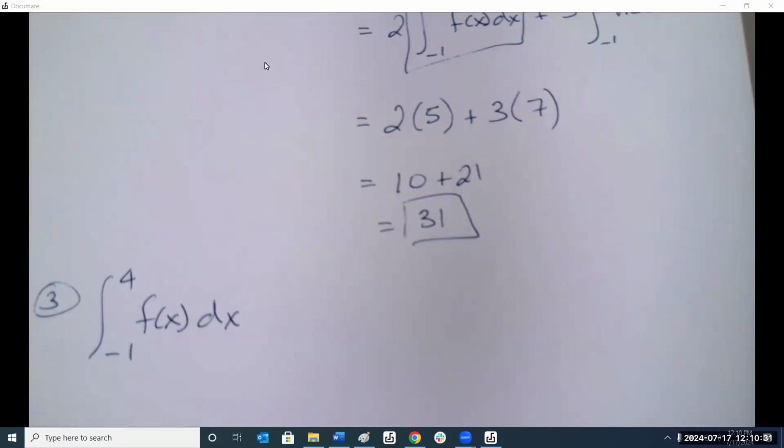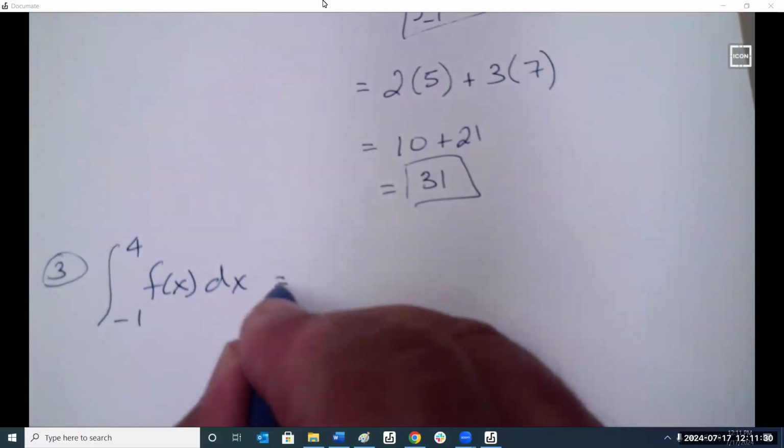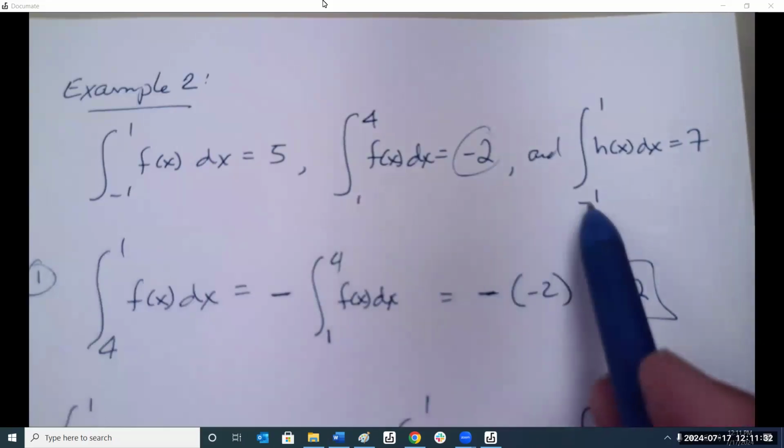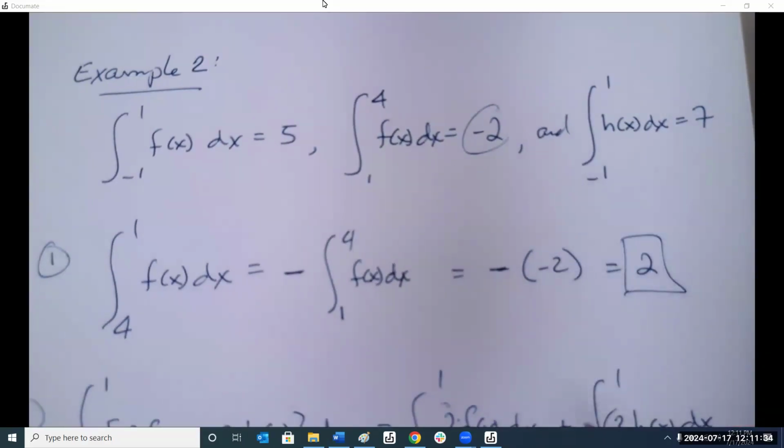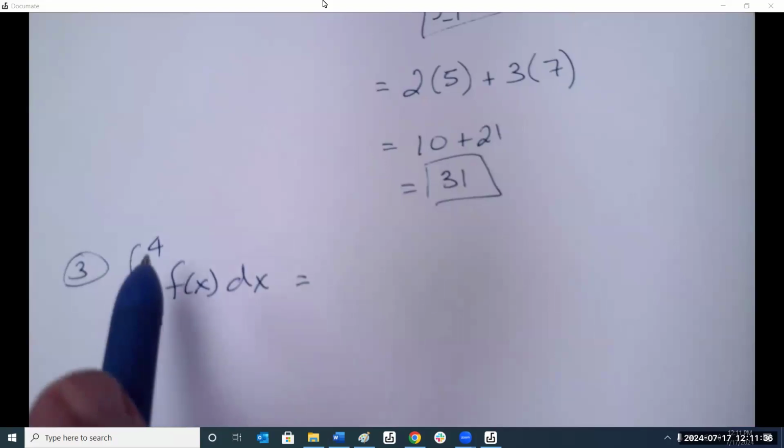Okay, how do you do this last one? All right, with what we know from our data set up here, we can't go from -1 to 4.